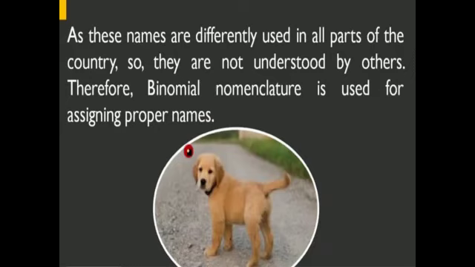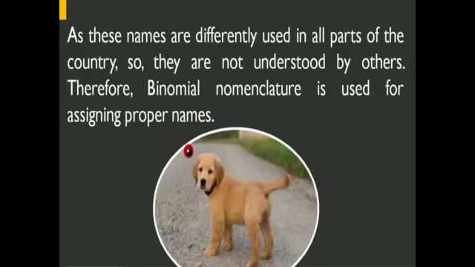But as these names are used differently in all parts of the country, they are not understood by others. If we go to Bengal and they say kukur, we will not be able to understand that they are talking about a dog. Therefore binomial nomenclature is used.